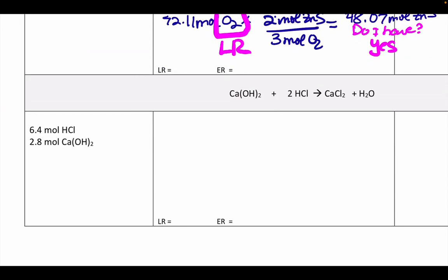So in this one, again, I've got 2.8 moles of calcium hydroxide and 6.4 moles of hydrochloric acid. So I'm going to start with my calcium hydroxide and convert it into the hydrochloric.